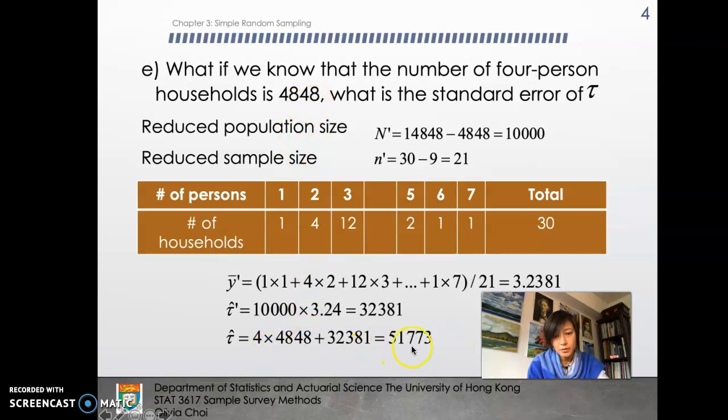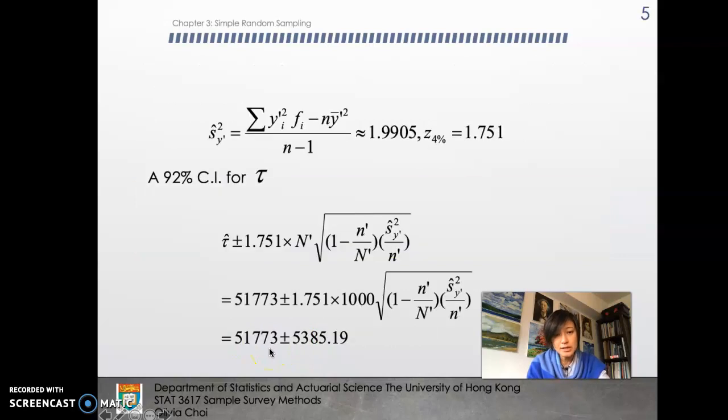So now we have 51,773 population. So only this part has the variance. This part we know for sure, so this part does not contribute to the variance. Then we need to calculate the s_y squared based on our sample.